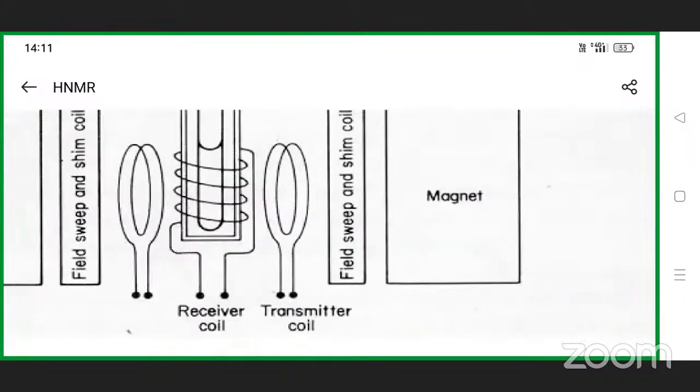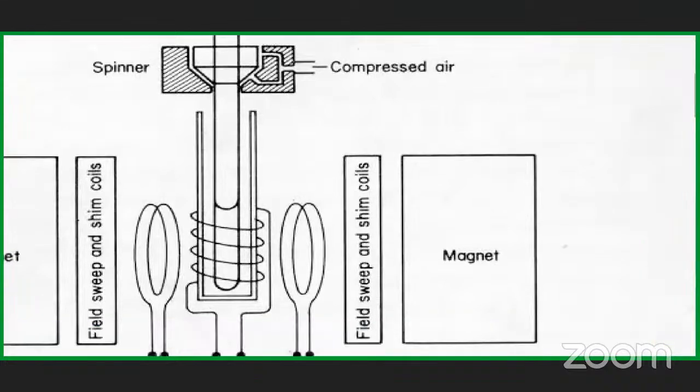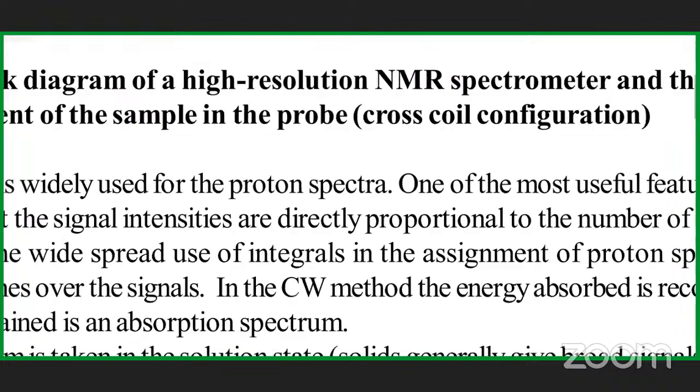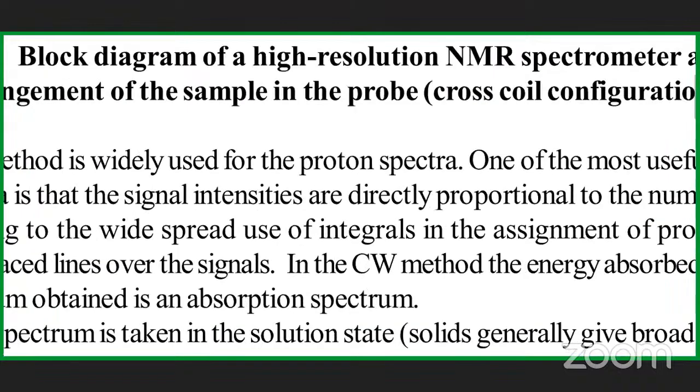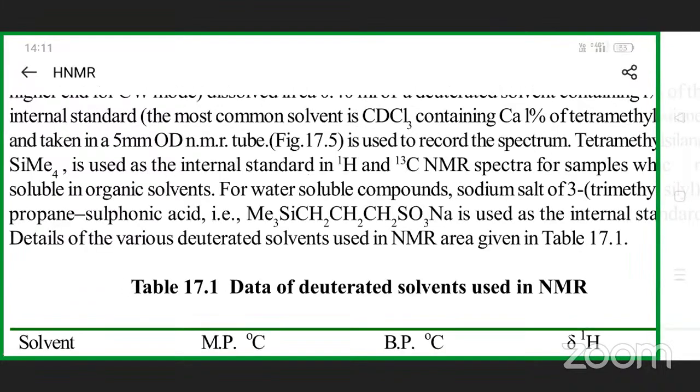The output is a kind of graph. We have already seen how the H1NMR spectra look in the spectral problems chapter in the practicals.